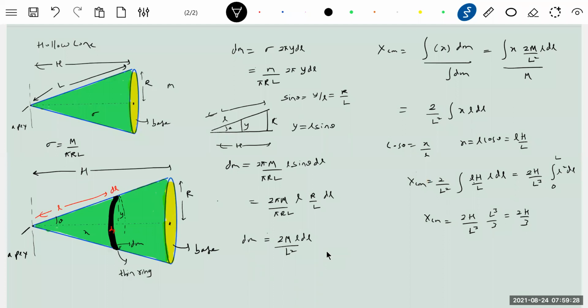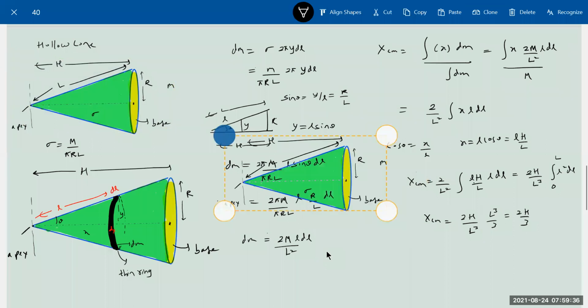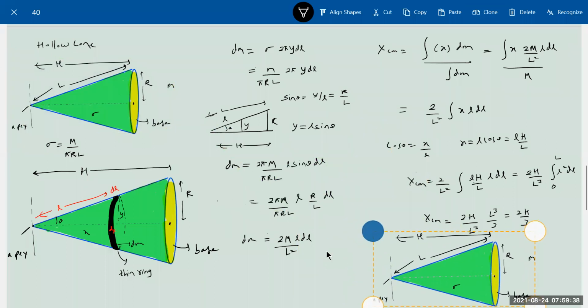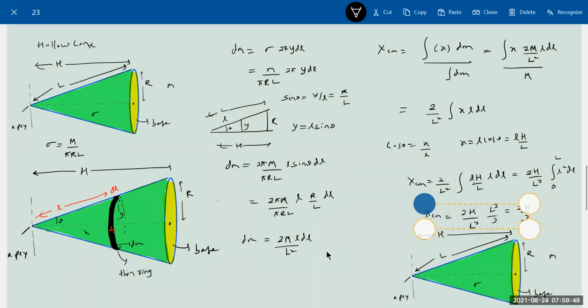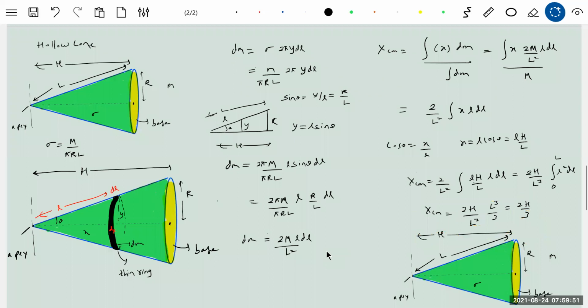So where will the center of mass of the cone be? The center of mass of the cone will be 2h by 3 from the apex, so h by 3 from the base.